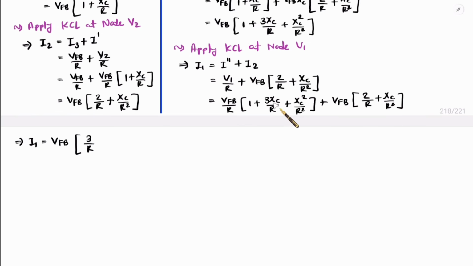So 3XC by R square plus XC by R square is 4XC by R square. Now here if you observe, we have XC square by R cube, as we need to divide this by R over here. So here we have XC square divided by R cube. So that is how we now have the value of current I1.